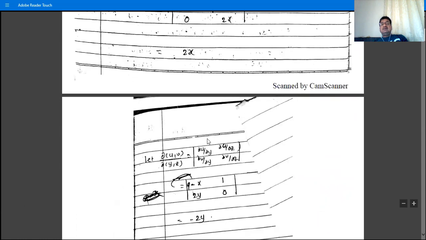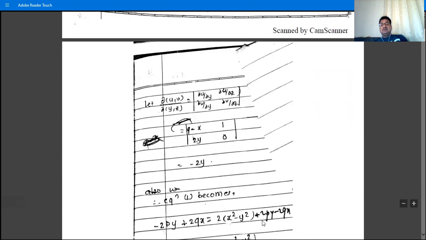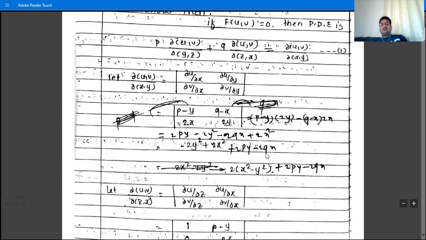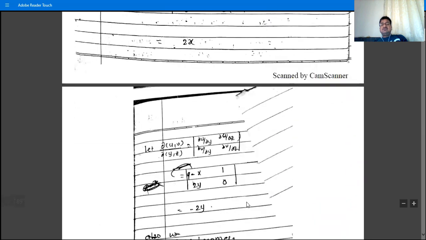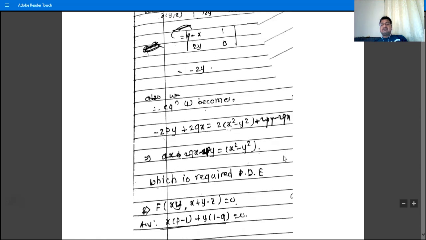Q times ∂(u,v)/∂(z,x) is 2x, is equal to ∂(u,v)/∂(x,y). ∂(u,v)/∂(x,y) is this: minus 2y square minus 2 in bracket x square minus y square, plus 2py minus 2qx.